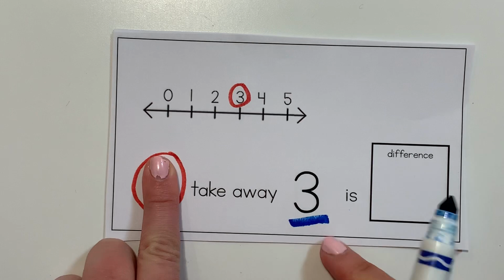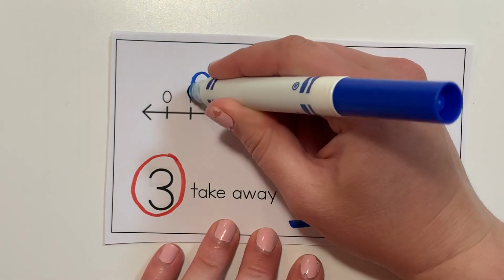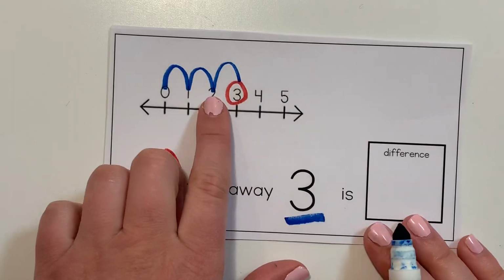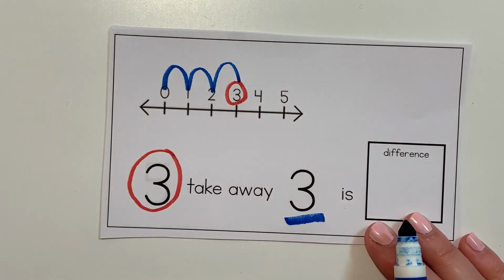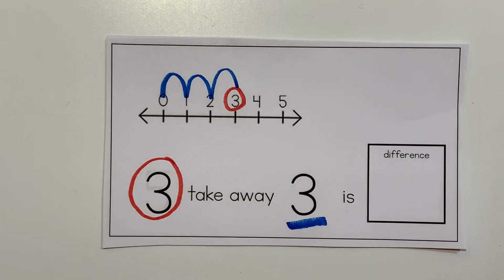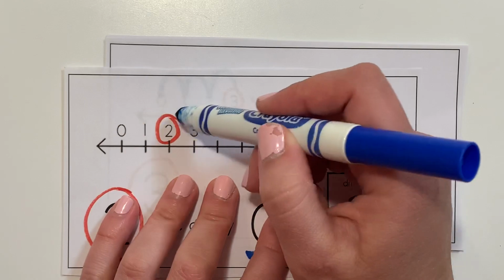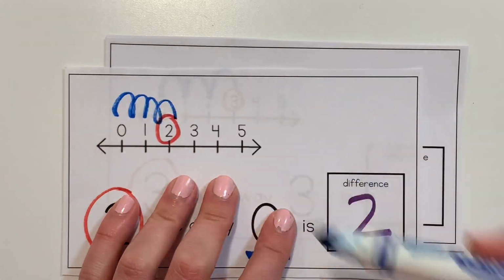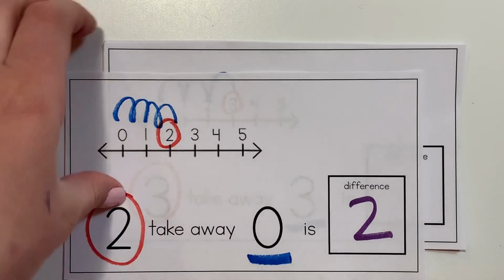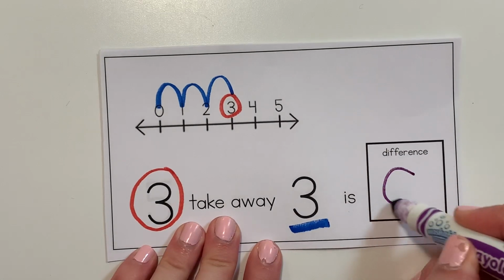So I'm going to hop back the second number. So I'm going to hop back 3 times. 1, 2, 3. Do you see how I'm touching each number that I'm hopping back? I'm not just going like that. If I go like that, I would get confused. Let's say I was hopping backwards on this one and I just hop back like that. I wouldn't really know where my answer was. So 3 take away 3 is 0.